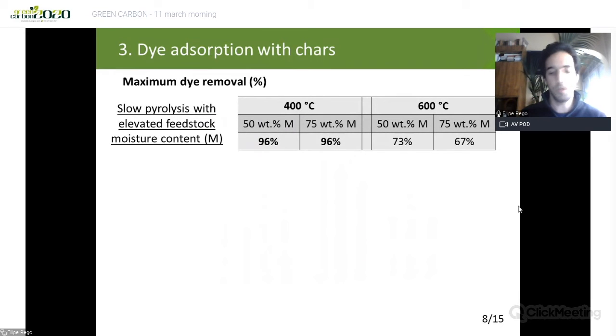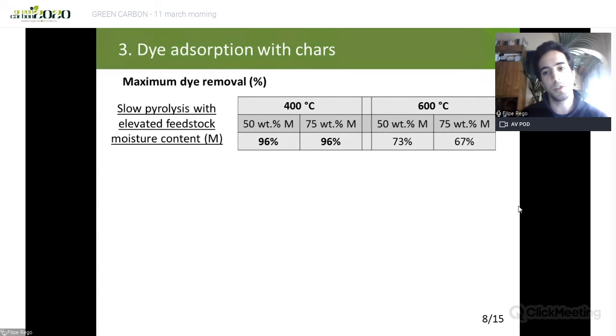So with the different modifications I did, starting with the experiments with the feedstock with elevated moisture content, I found the same thing. The lowest temperature obtained the highest adsorption capacity, slightly higher, or let's say it didn't decrease it at least, which is good.